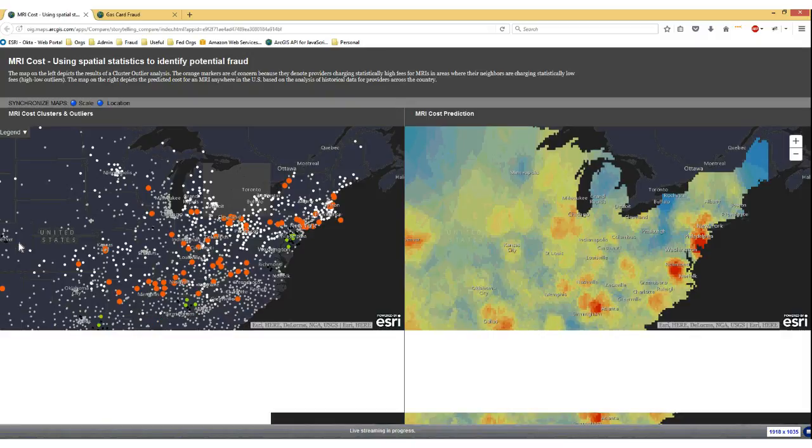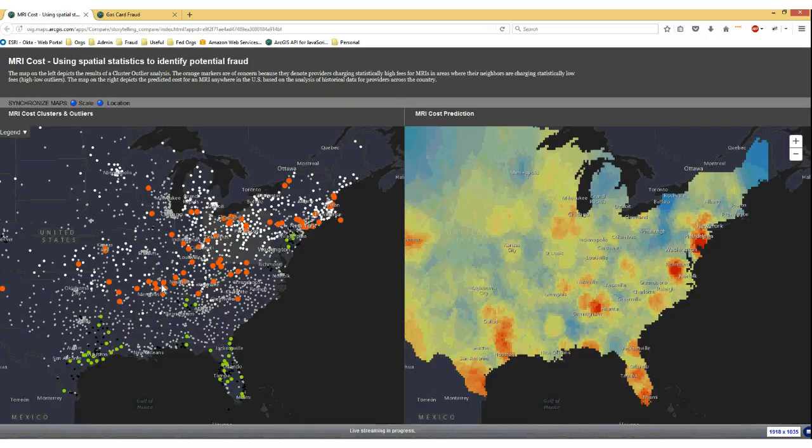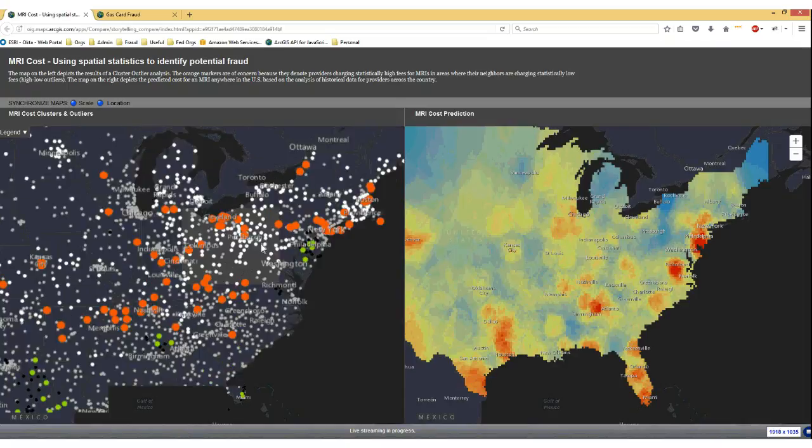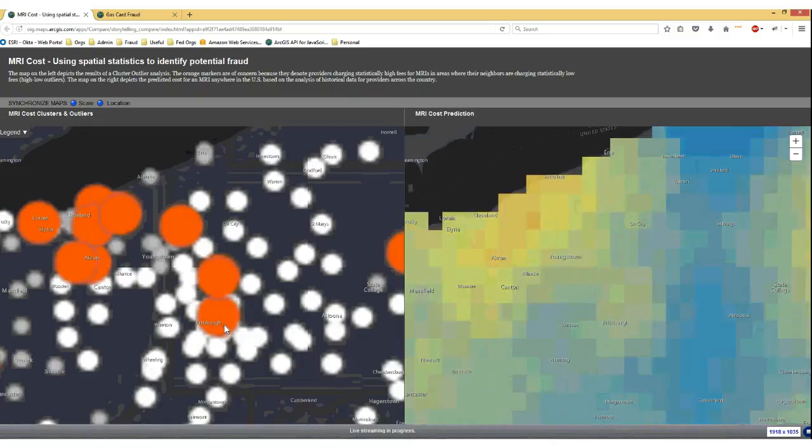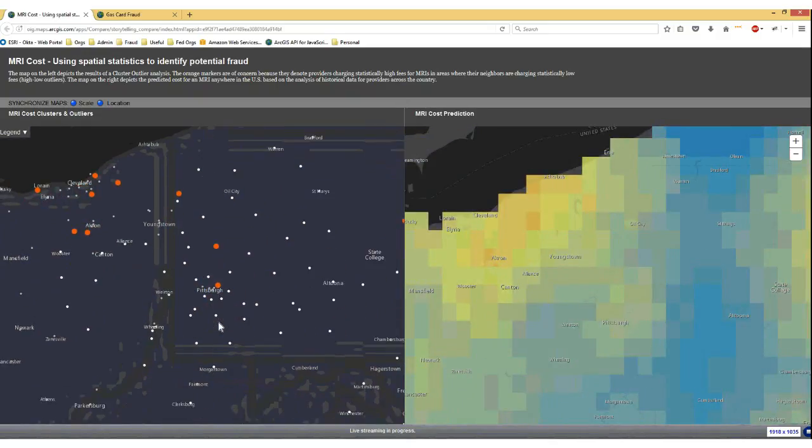The low high are hospitals charging a low cost for the MRIs in an area with high charges for MRIs. But what really stands out are the orange dots. These are the high-low clusters. This means, based off of this analysis, these hospitals are charging a premium for their MRIs in an area that is generally charging a very low amount for the MRIs.